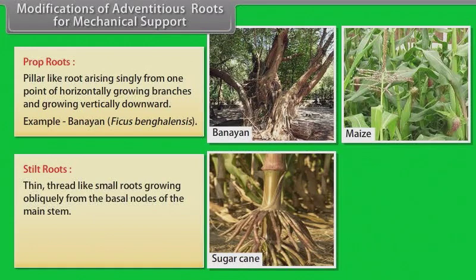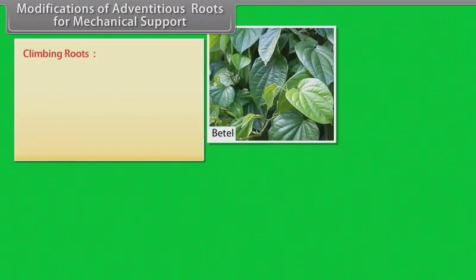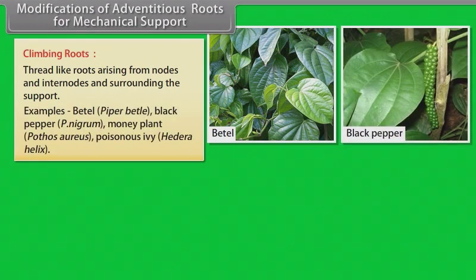Thin, thread-like small roots growing obliquely from the basal nodes of the main stem. Examples, maize, sugarcane, screw pine. Climbing roots. Thread-like roots arising from nodes and internodes and surrounding the support. Examples, betel, black pepper, money plant, poison ivy.